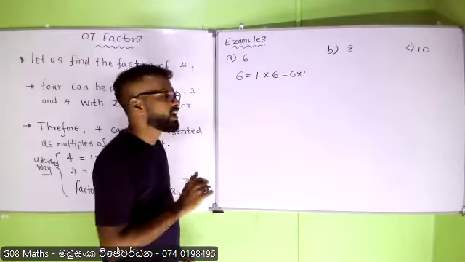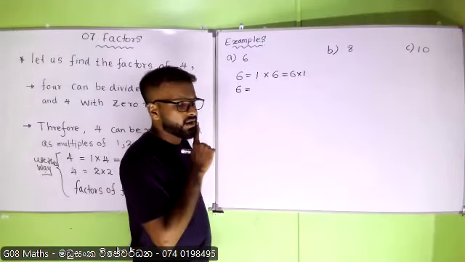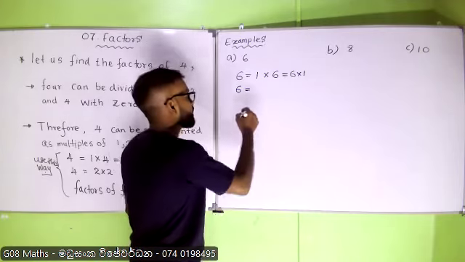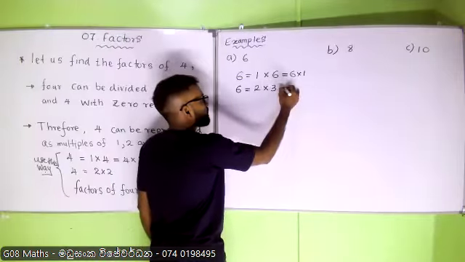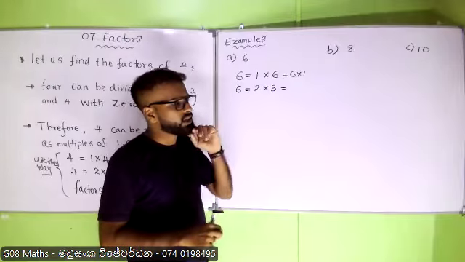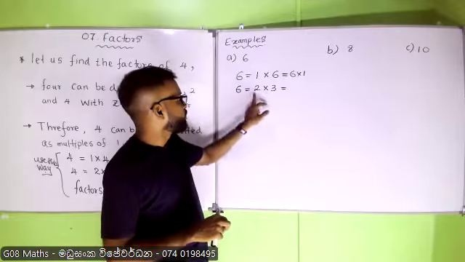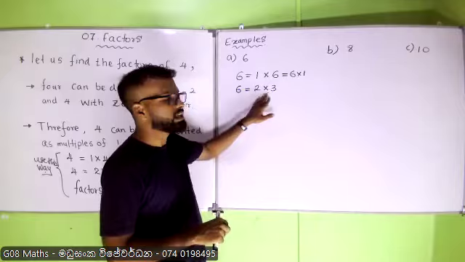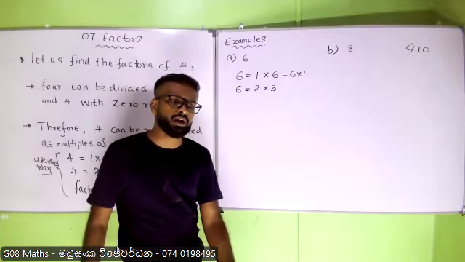It doesn't matter. And now, can we divide 6 by 2 without any remainder? Yes, so you can write 2 times 3. And if we use 3, can we divide 6 by 3? Yes, 3 times 2. It's the other way around, so this is enough. Can we use 4 to divide 6 without a remainder?